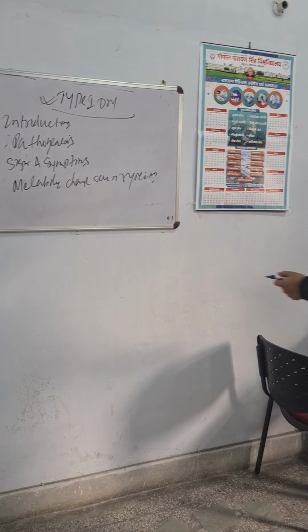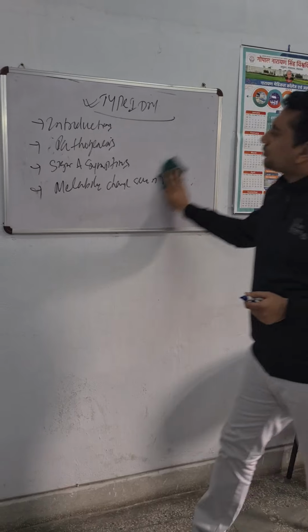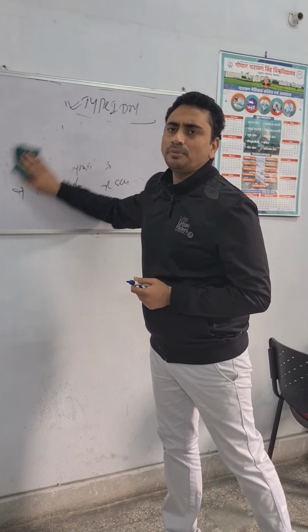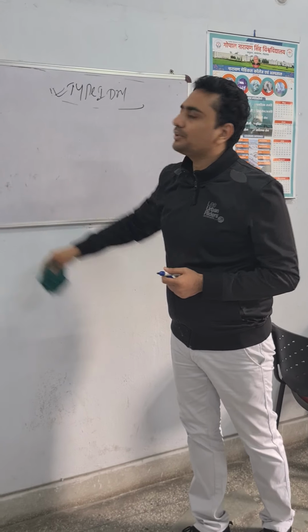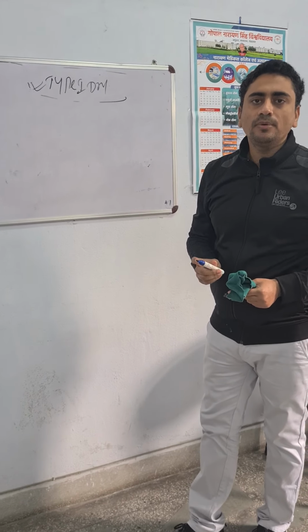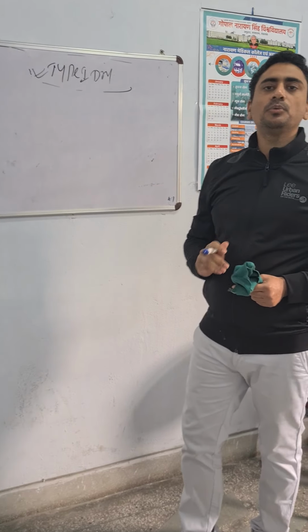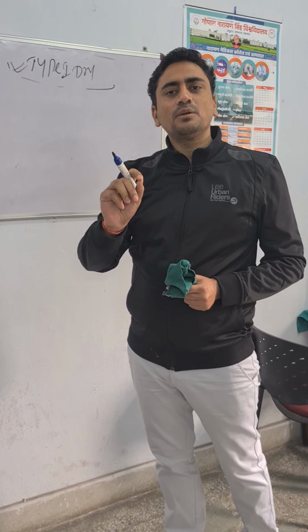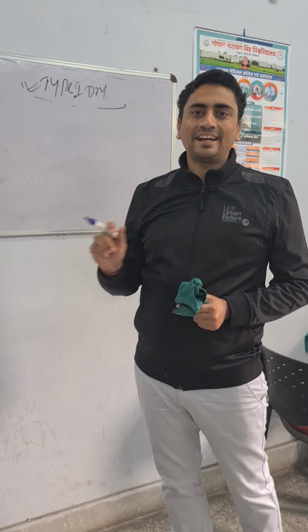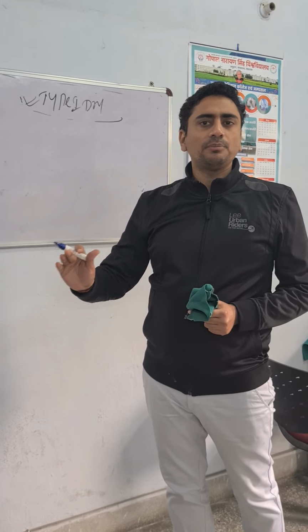Starting with the introduction part. As all of you might know, type 1 diabetes mellitus is associated with absolute deficiency of insulin due to autoimmune destruction of the insulin secreting beta cells of the islets of Langerhans. So there is absolute deficiency of insulin.